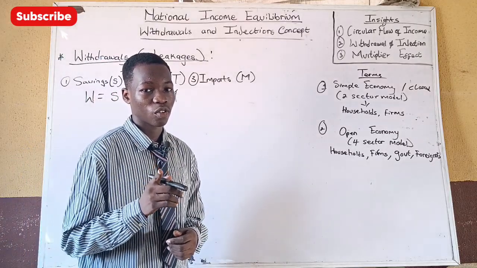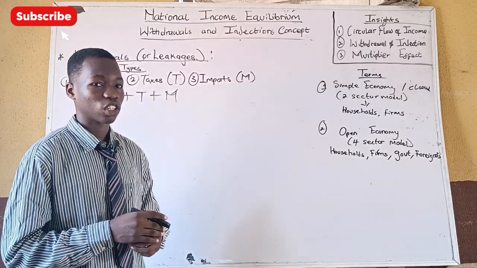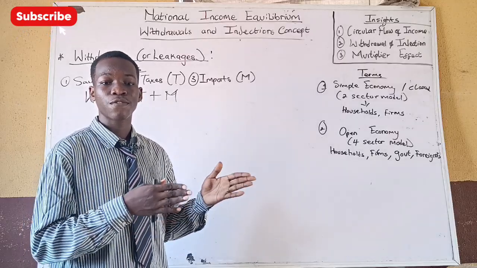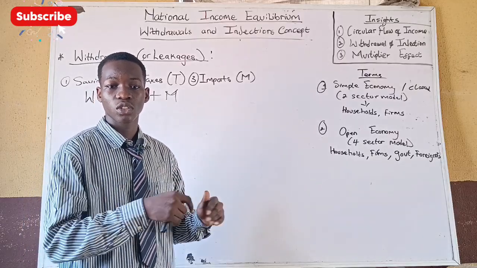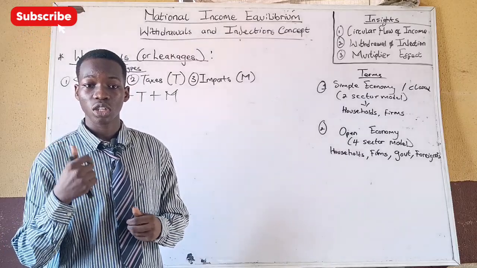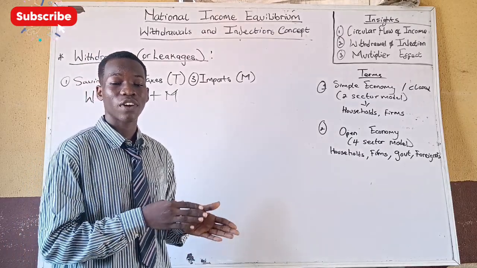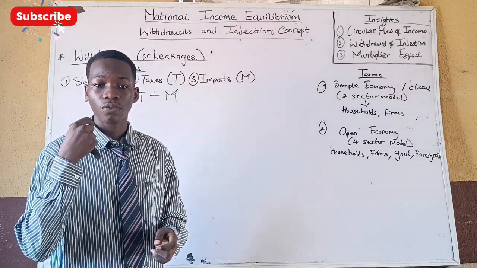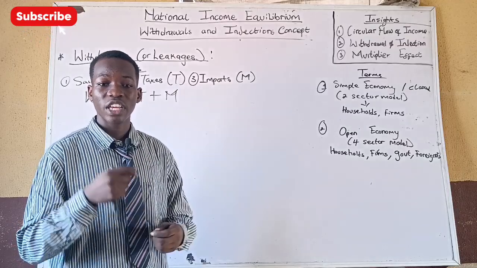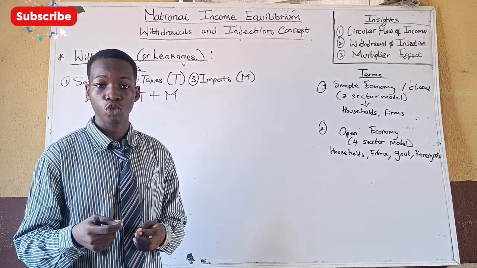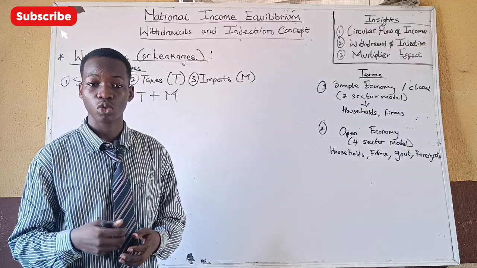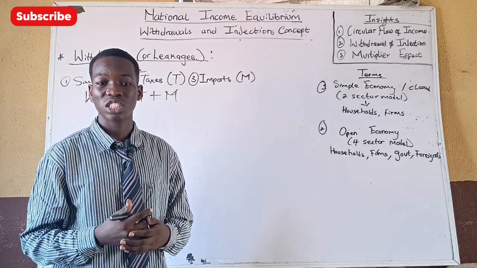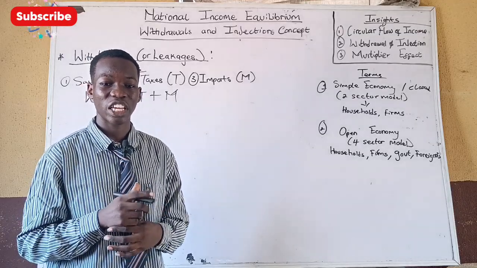I forgot to define circular flow of income, so in case you need the definition: circular flow of income simply means the flow of payments from business to households in exchange for productive activities, and the flow of payments from households to firms in exchange for goods produced. When you provide productive activities for the firms, you receive what we call factor income, and it is calculated using the income method approach.